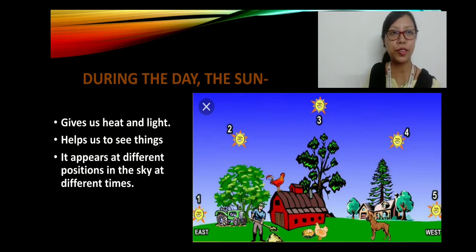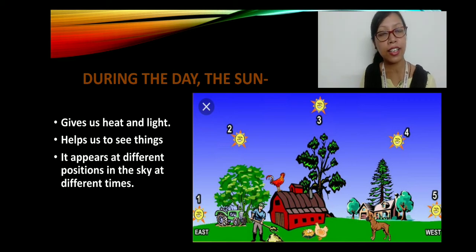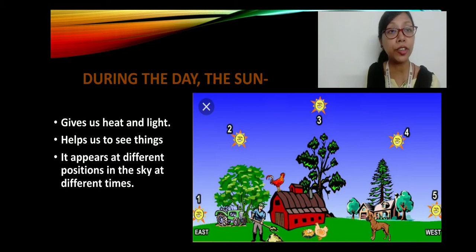Okay, now let's move towards the next one. Here we are going to talk about the different positions of the sun during the daytime. We all know that the sun rises in the east and it sets in the west, right? Sometimes after the unit test, when you have some free time, just look at the sky during the daytime.